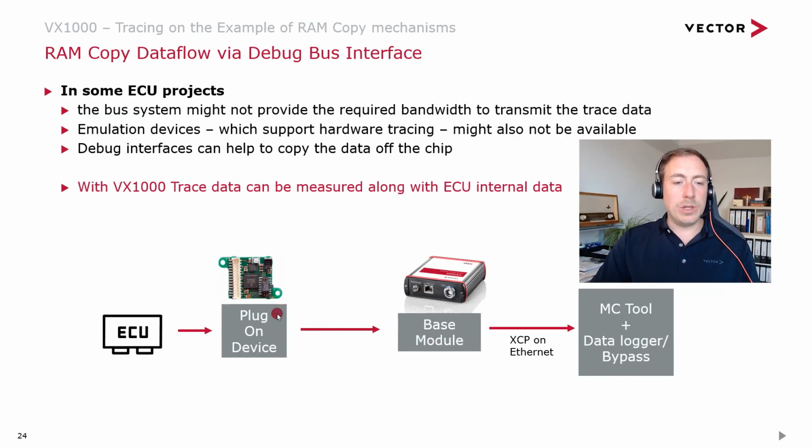And you would connect the VX1000 with a JTAG or, in an AURIX system, a DAP connector to the ECU, and then you don't utilize the bus to send these events. You can use emulation devices, but you can also do it with production devices, and you are not really limited in the sense of bandwidth.